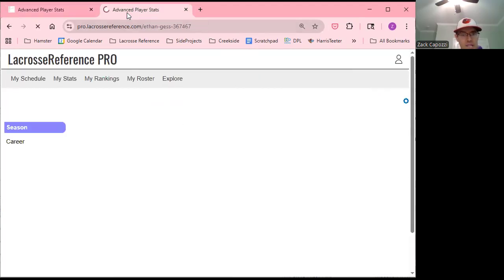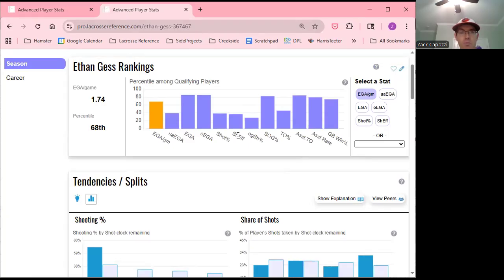I think this is equally useful if you're talking about your own player. So, we'll pull up Ethan from Dickinson. Pretty productive player, decent to middling in terms of efficiency. Ball security was an issue, but as a facilitator, very, very strong. Lots of shots on cage, fewer that actually went in.